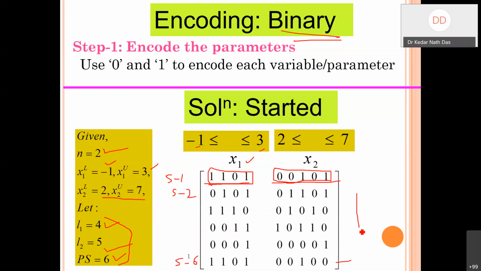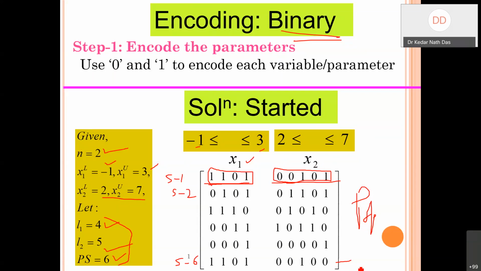The entire thing is called a population. So the population size is fixed to 6, but in general, researchers say that if there are n variables, we need to take 10 times the number of variables as the population size. For example, here x1 and x2 are 2 variables, so 2 into 10, that is 20, would be the population size.